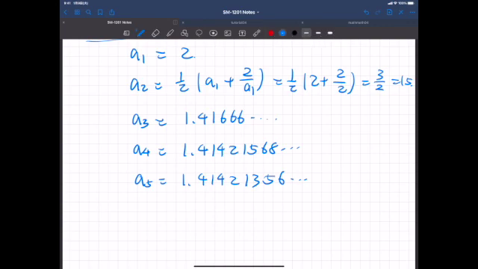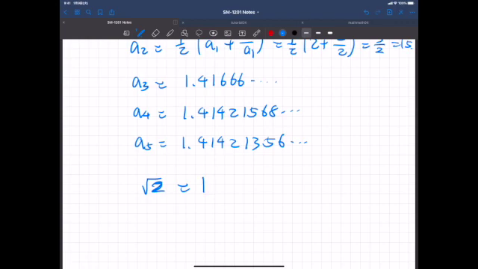By the way, square root of 2 is, as far as I can remember, 1.41421356235... Wow, a5 is already very similar to square root of 2, up to 1, 2, 3, 4, 5, 6, 7, 8 digits.